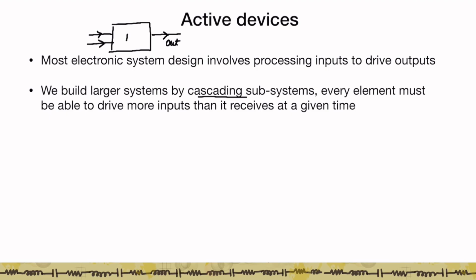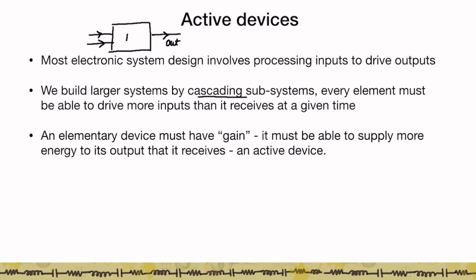So in this case, you want your basic circuit to drive an output that might be larger than an input, right? And this is where you want to think about what is the smallest device that can do that. And that is where you see that the most elementary device in your electronic system must have gain.